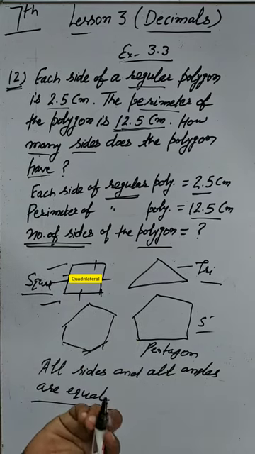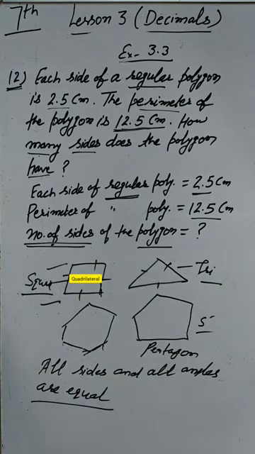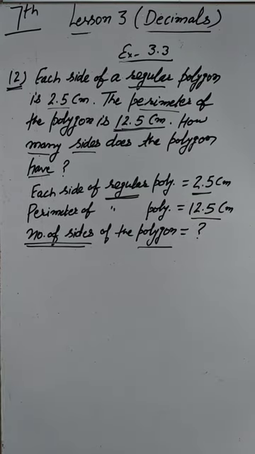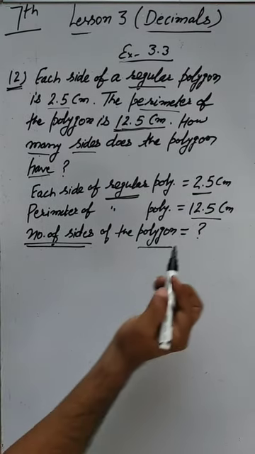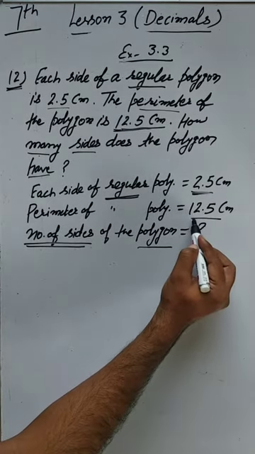And an equilateral triangle whose every side is equal is called a regular polygon. Understood, beta?